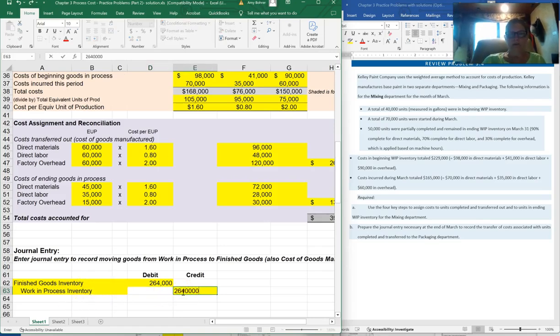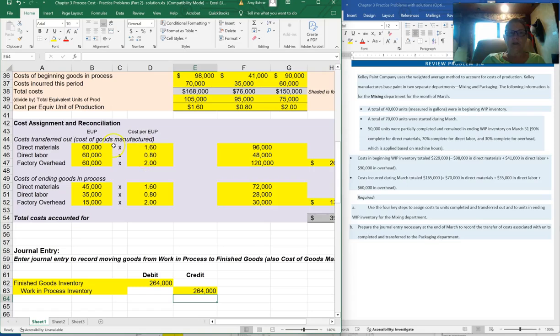So $264,000. It's a little bit different than what we were doing in Accounting 211, because in Accounting 211 we were buying the goods, they were already finished, and we were just turning around, marking them up, and reselling them. So we only had one inventory account in Accounting 211. In Accounting 212, now we have multiple inventory accounts, right? We have a raw materials inventory, we have our goods in process or work in process inventory, and we have our finished goods inventory.